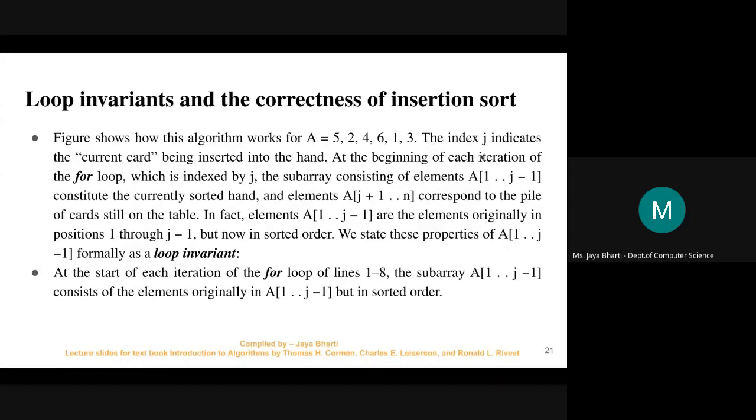So the index J indicates the current card. I already told that. Index J indicates the current card being inserted into the left hand. Means you are picking one card from the table and inserting it into your left hand. So J is the card that you are picking from the table and inserting into your hand.